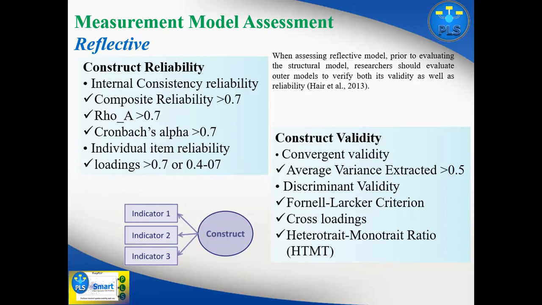Although some say that in exploratory research, Cronbach's alpha could be between 0.6 and 0.7, in ordinary science all these three should be greater than 0.7.